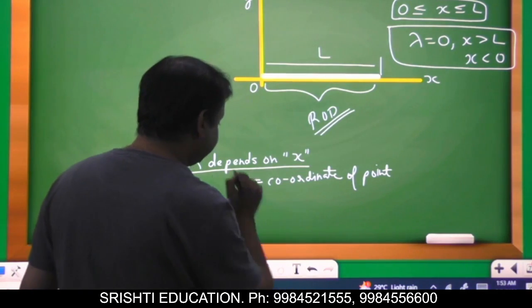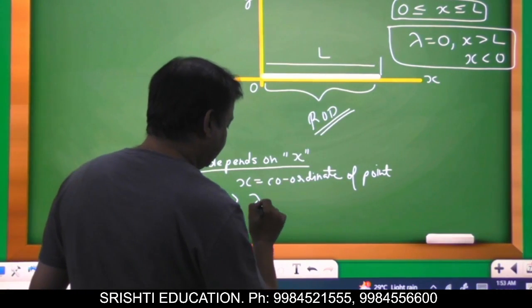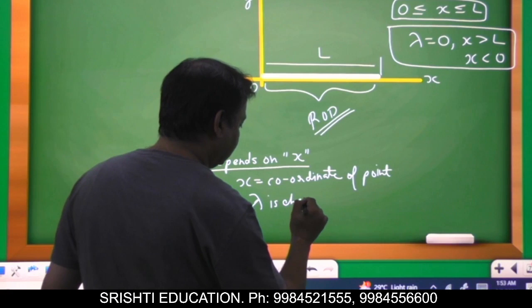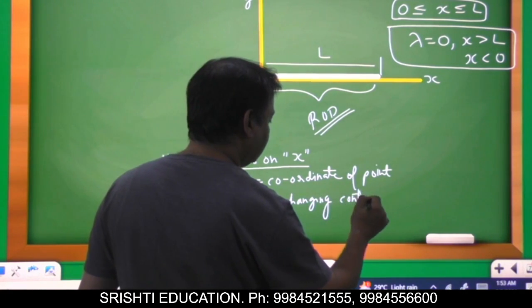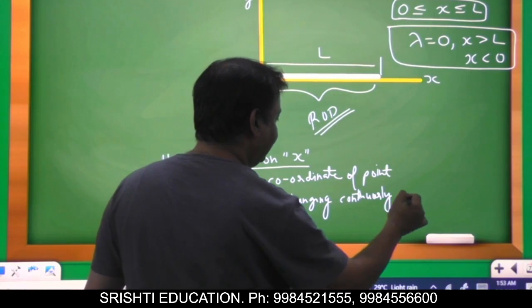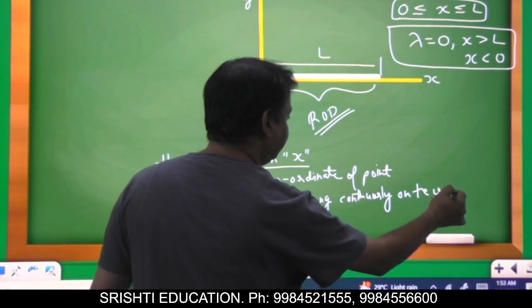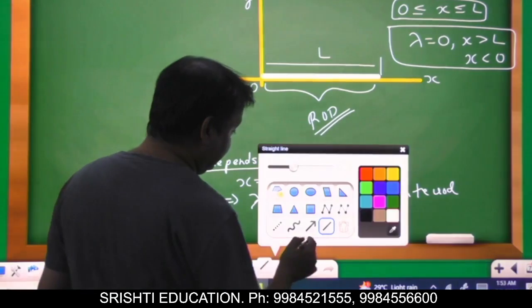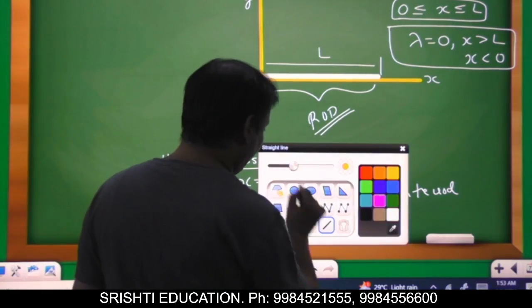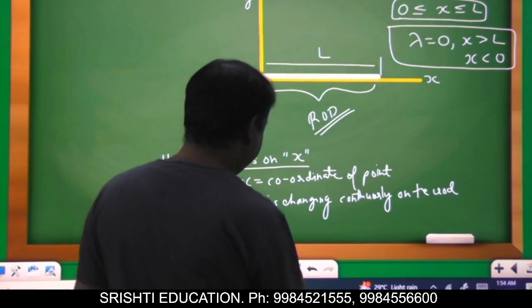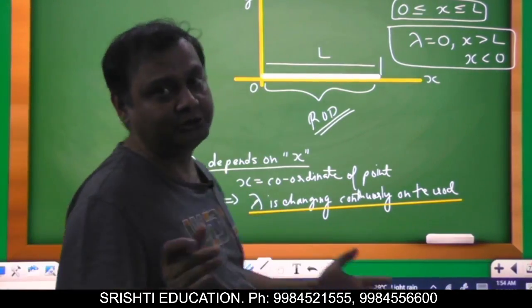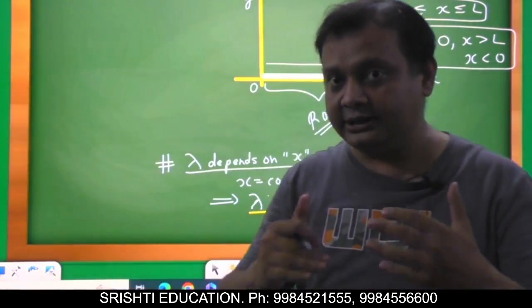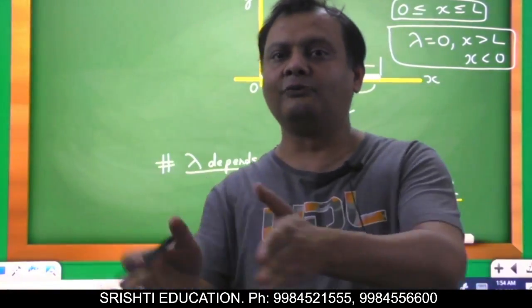It implies that since lambda depends on x, lambda is changing continuously on the rod, and we know when something changes continuously from one point to another, we have to use calculus. So this is the case where the body is non-homogeneous and lambda is changing continuously from one point to another.